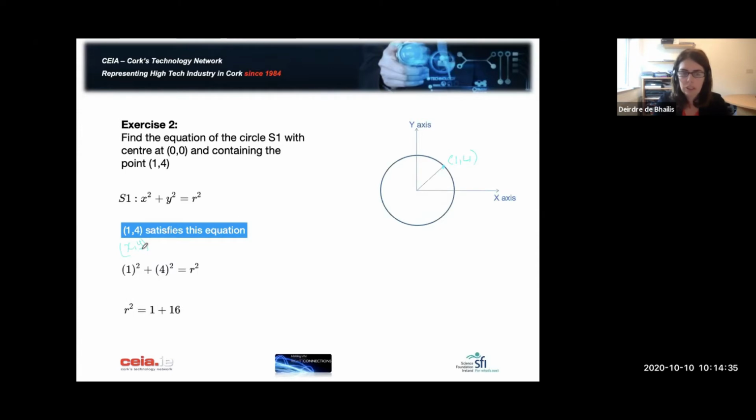So we'll get r squared is equal to 1 plus 16, r squared is equal to 17, r is equal to root 17. Applying that into this equation here, we will see that the equation of the circle is x squared plus y squared is equal to 17.